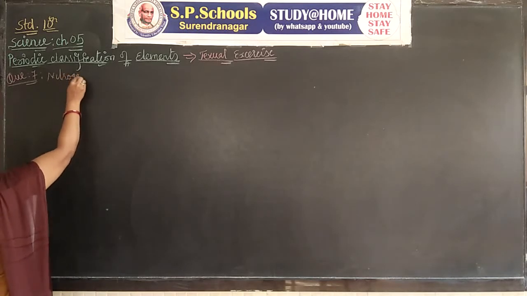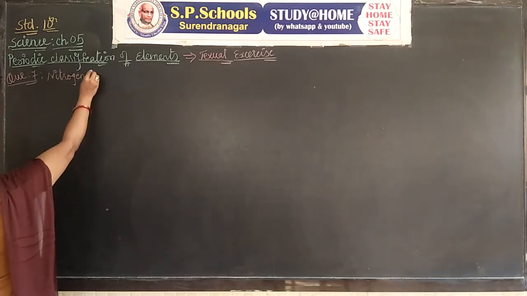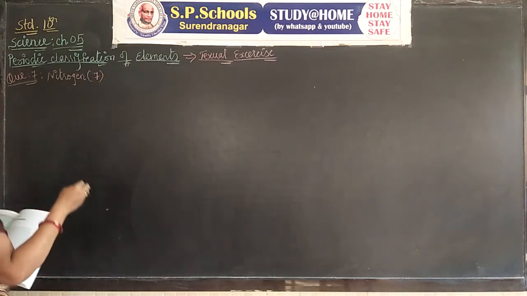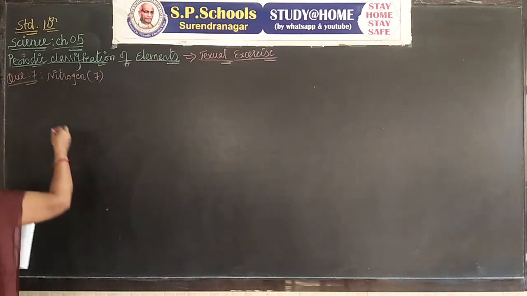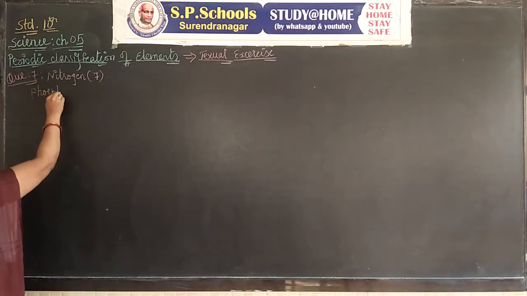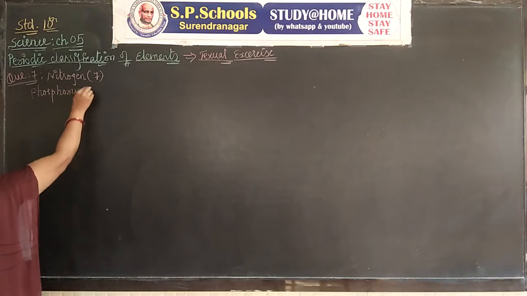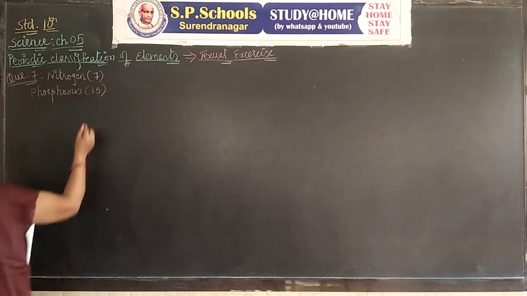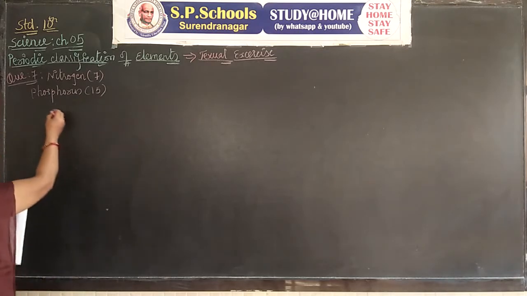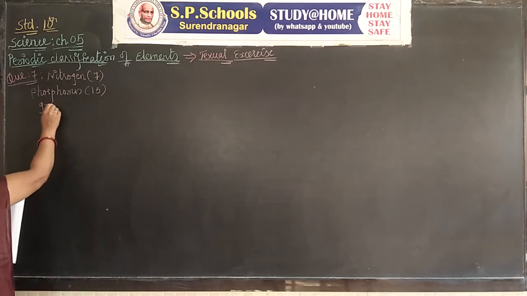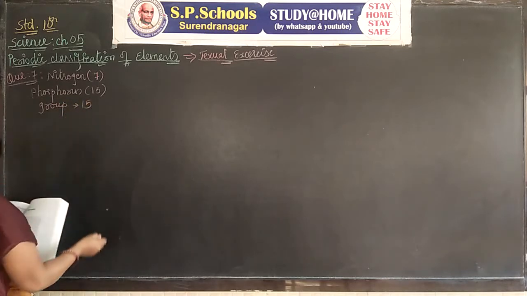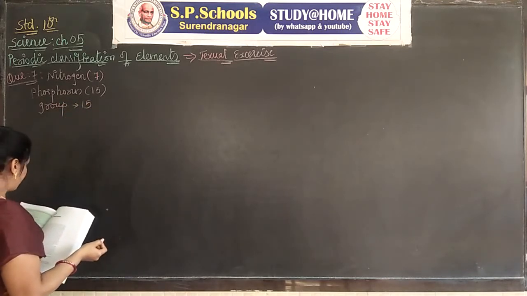Nitrogen atomic number 7 and phosphorus atomic number 15 belong to group 15 of the periodic table.